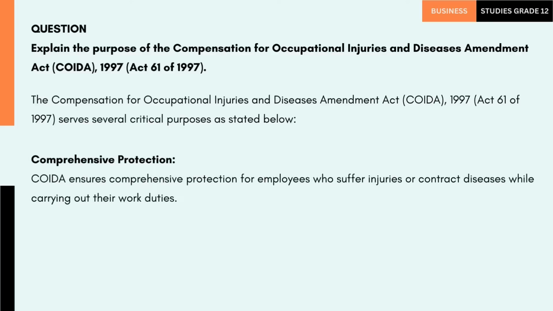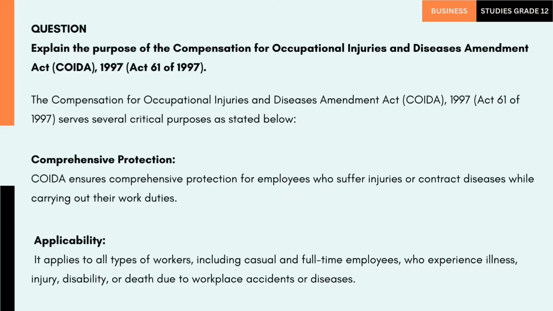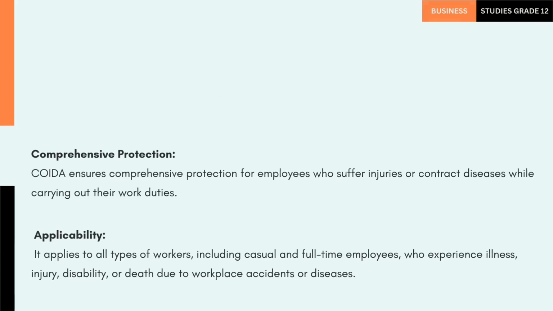Comprehensive protection. COIDA ensures comprehensive protection for employees who suffer injuries or contract diseases while carrying out their work duties. 2. Applicability. It applies to all types of workers, including casual and full-time employees, who experience illness, injury, disability, or death due to workplace accidents or diseases.